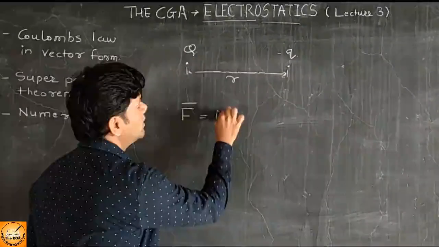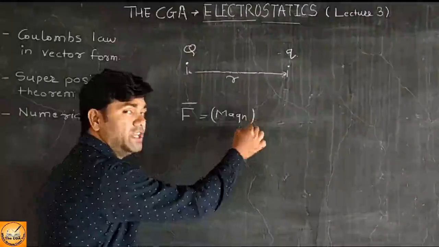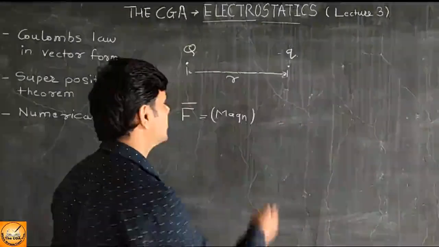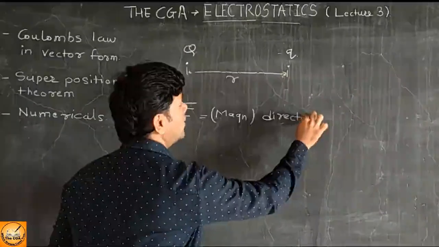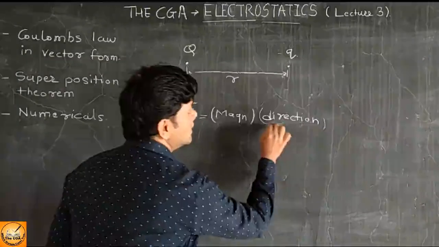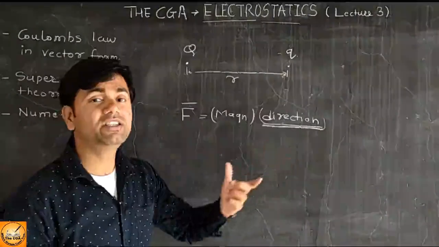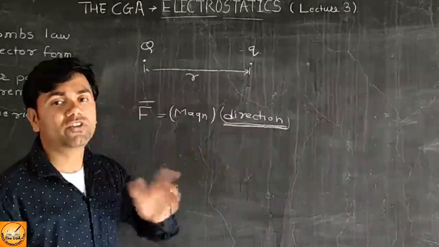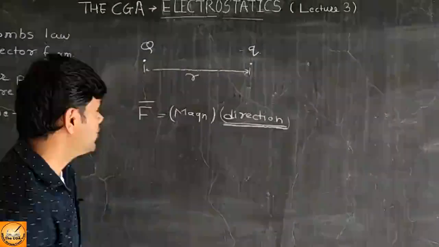But force means some magnitude, and we also have to represent its direction. So the vector form of Coulomb's law is based on direction, which will lead us to represent the force direction. For direction, we have to remember two statements.